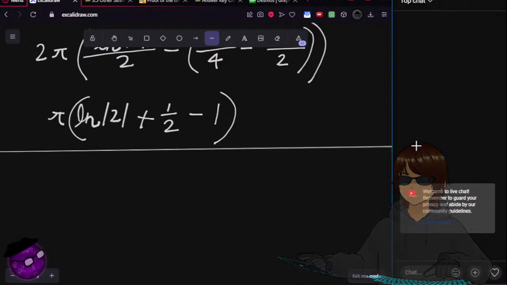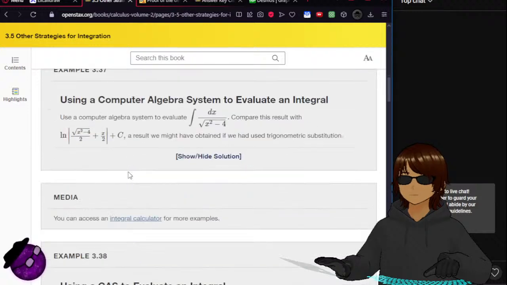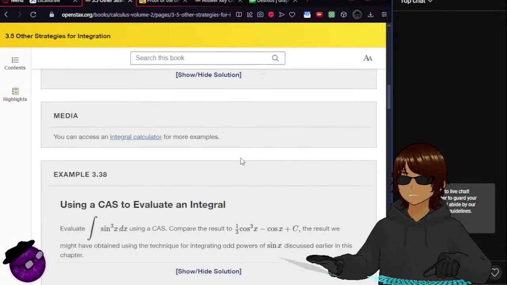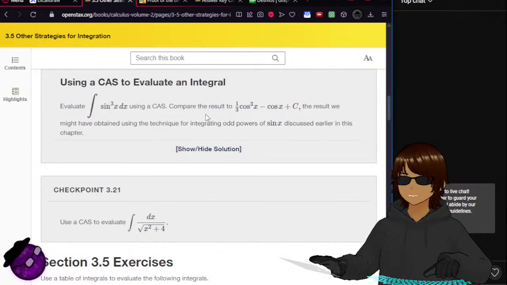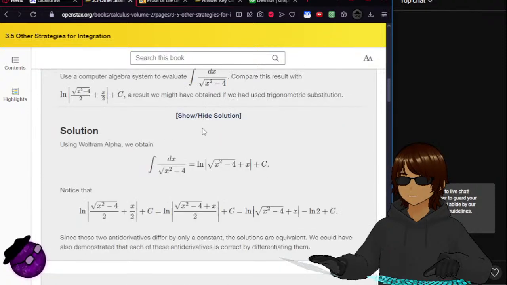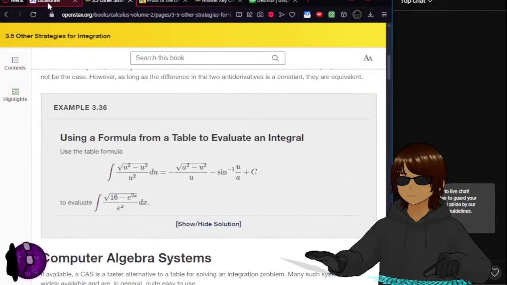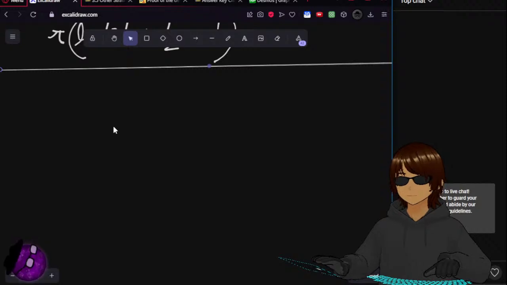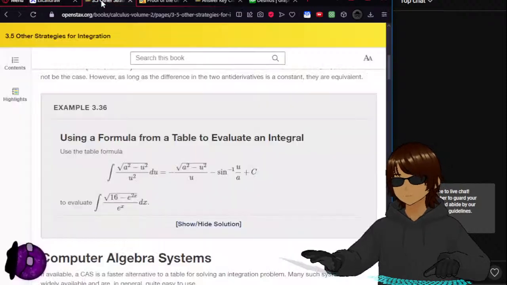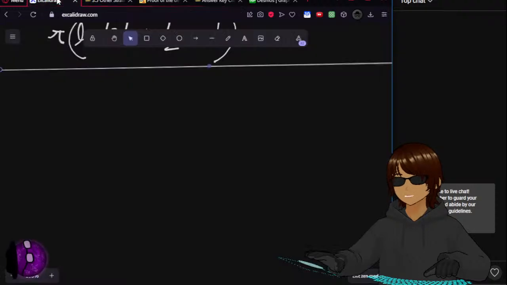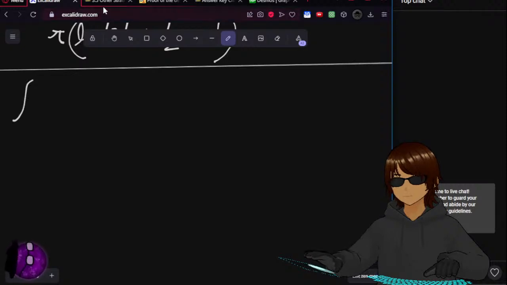After this, they're telling me to use computer systems. Wolfram. So 16 minus 16 minus.